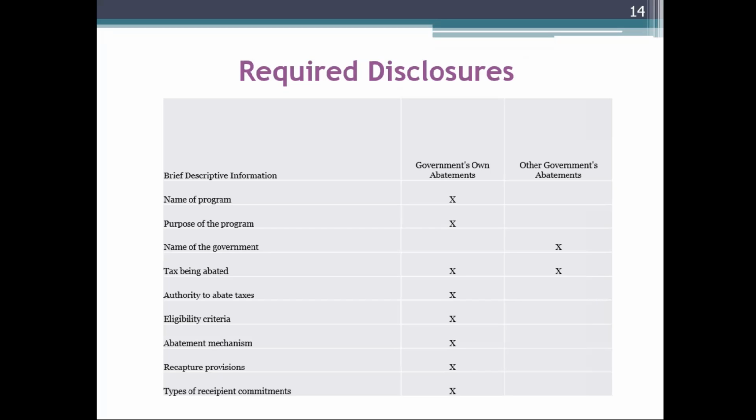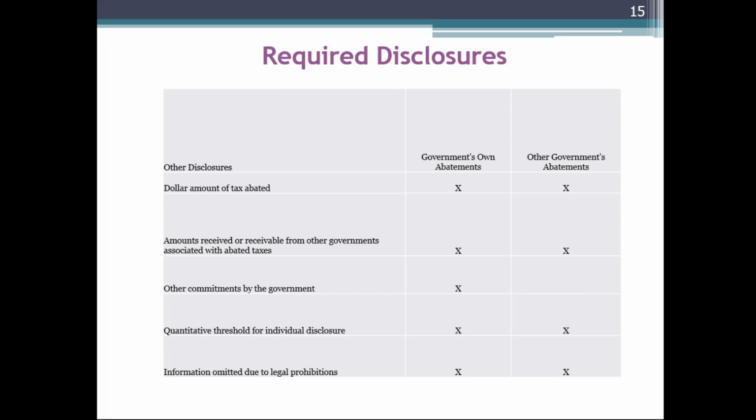If it's some other government's abatements, then you have to say the name of the government, the tax being abated, the dollar amount of the tax abated, and then if there's any amounts received or receivable from other governments, such as, I'm not going to show you the example today, but schools have some of the taxes that they don't get backfilled by the state's general fund for the first $5.40 per $1,000 of valuation.